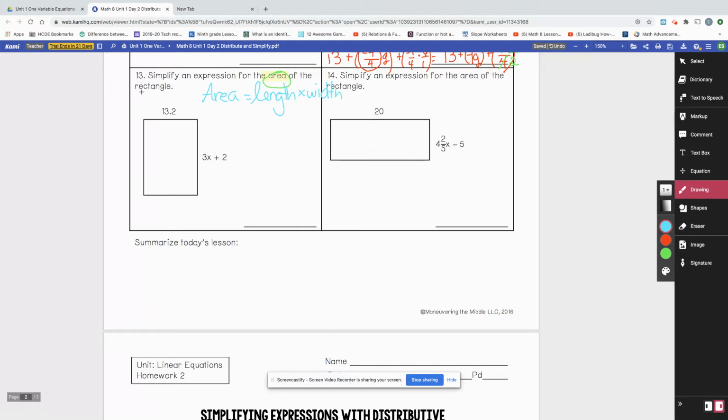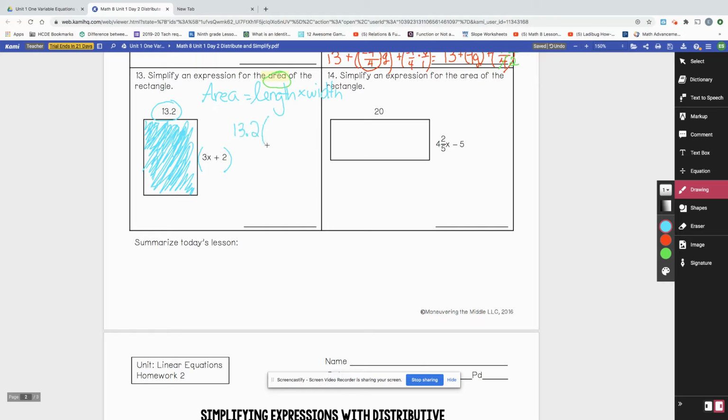And that means I'm taking one side of a rectangle and I'm multiplying it by the other side of the rectangle to represent all this area inside this box.